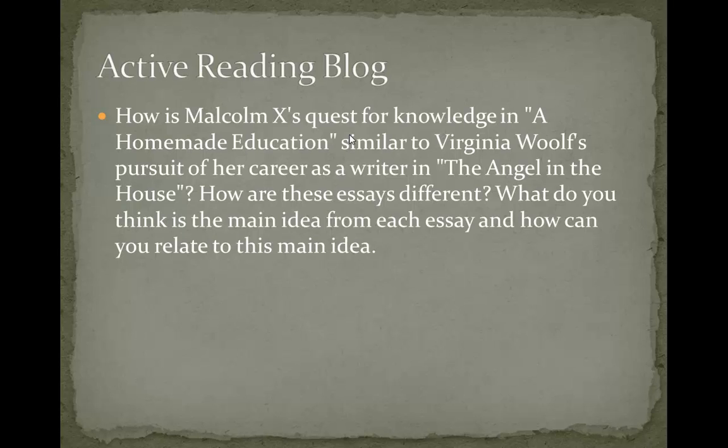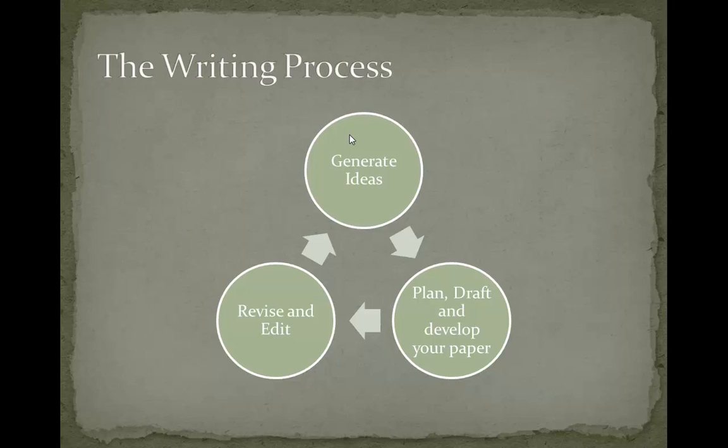This week, I'd like you to answer the following questions. How is Malcolm X's quest for knowledge in A Homemade Education similar to Virginia Woolf's pursuit of her career as a writer in The Angel in the House? How are these essays different? What do you think is the main idea from each essay, and how can you relate to this main idea?